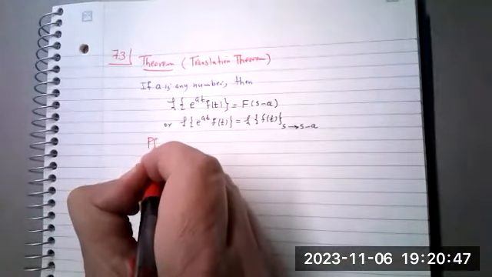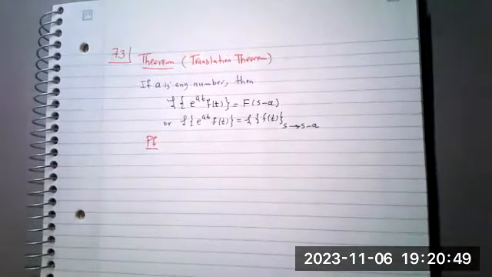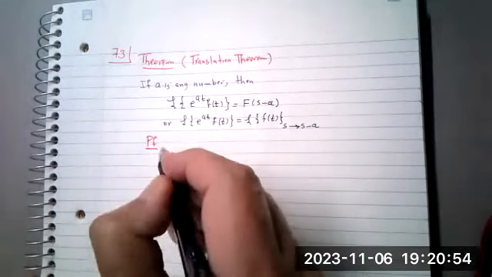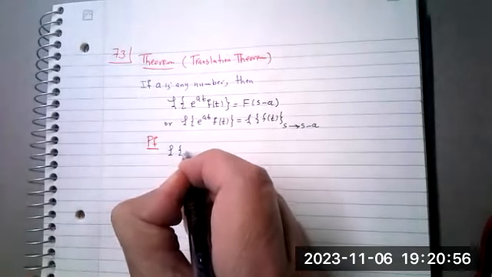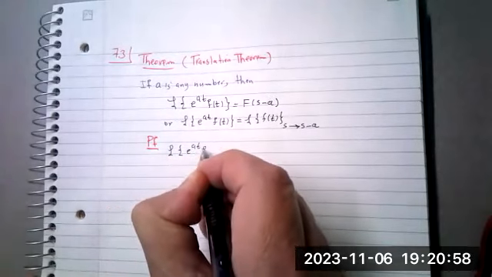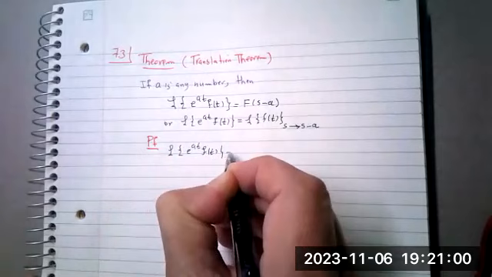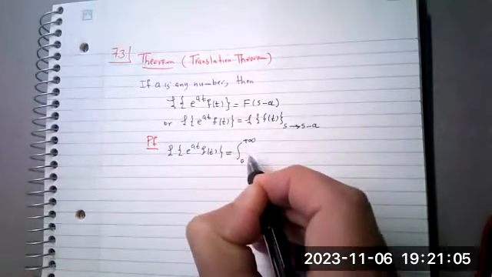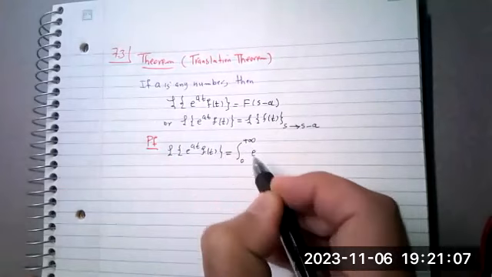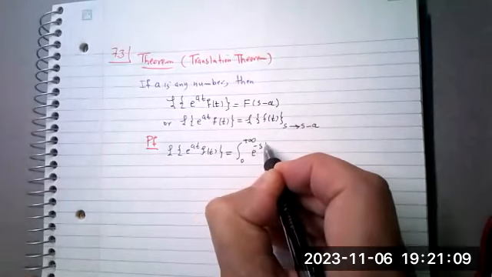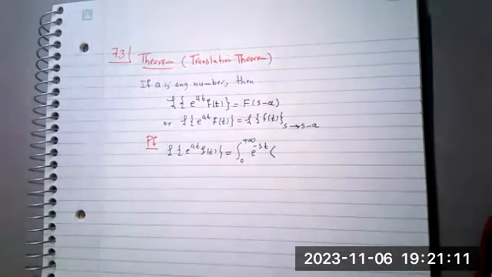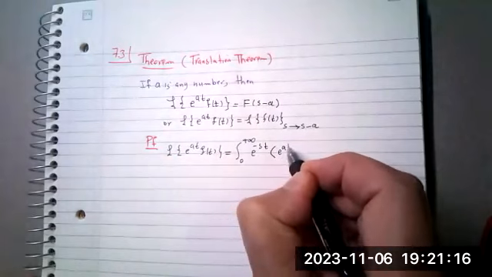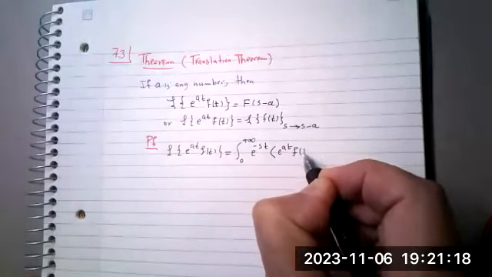See the proof? Let's use the definition of a Laplace transform. What is the Laplace of e to the at f of t? Simply, it's going to be the integral from 0 to positive infinity of e to the negative st times the function, and the function in question in this case is e to the at f of t, dt.